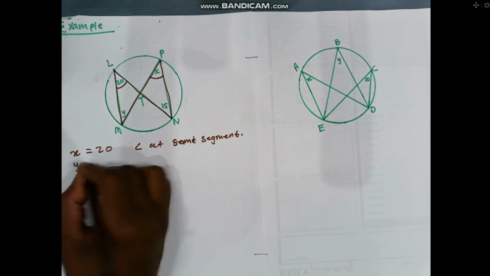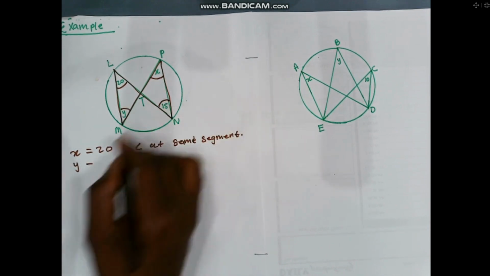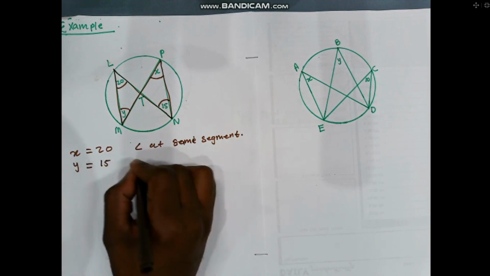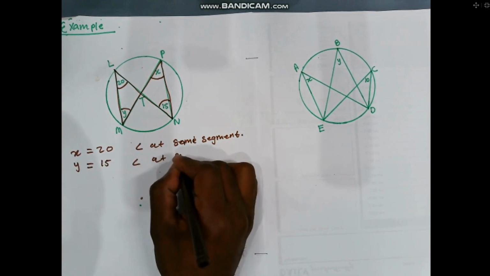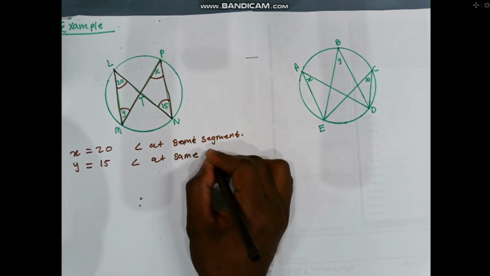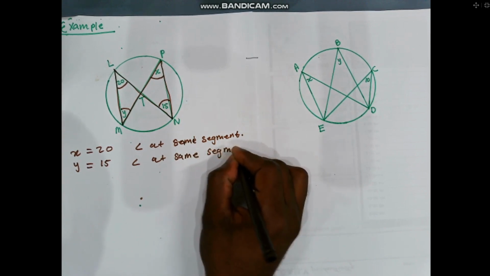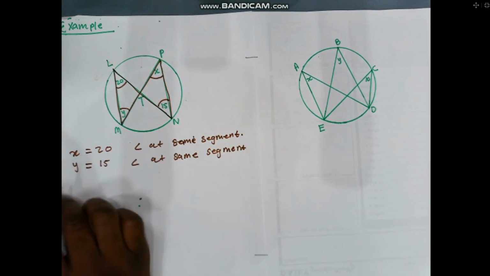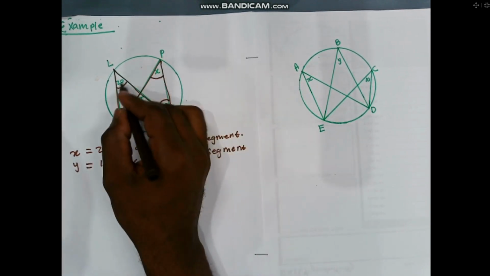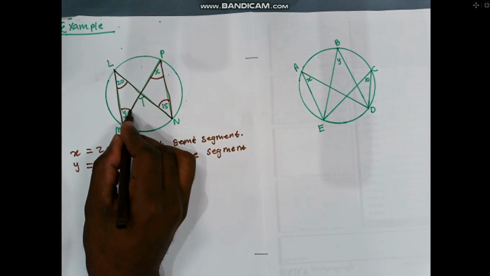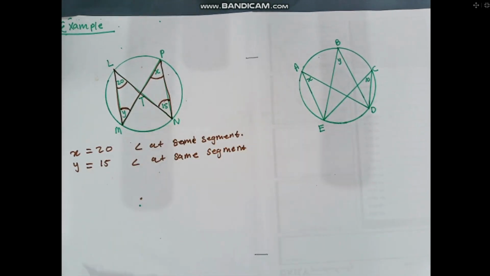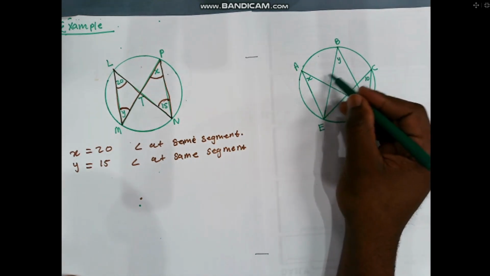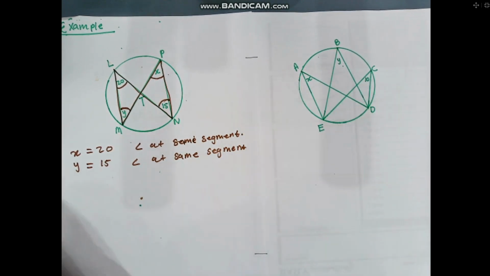Then y, because this one is the same as this one, y is equal to 15, angle at the same segment. The shape is very important, this butterfly shape. Then this one is equal to this one, and this one is equal to this one. Shape is very important. And then coming to this one, looking for x and y, shape is also very, very important here.